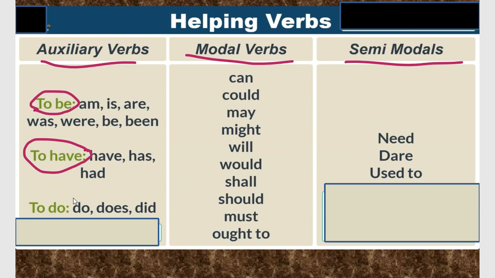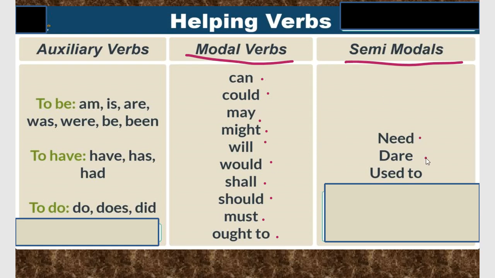And do, does, did are the forms of the to do verb. So these are the forms of auxiliary verbs. Similarly, these are the modals: can, could, may, might, will, would, shall, should, must, ought to. These are the modal verbs. And these are the semi-modals: need, used to, dare. Clear? I hope it's clear to all of you now.